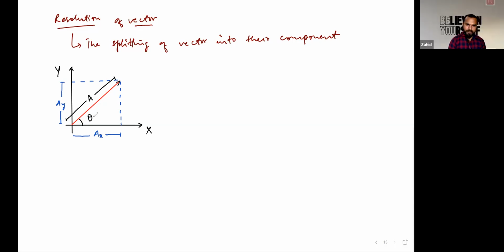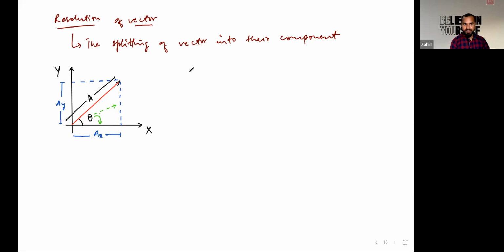So you will say this is theta, and adjacent to this particular theta, this term is the base. Opposite to this particular theta will be this part, which is nothing but AY. So whenever you have any vector, you split it into two parts. First, the component adjacent to theta will be termed as the base component, and the component opposite to it will be termed as the perpendicular component.